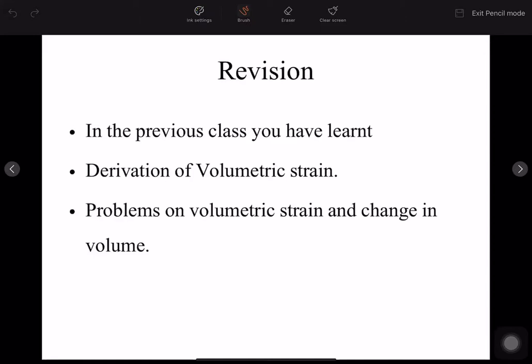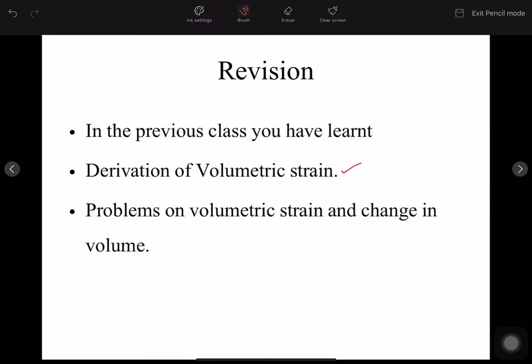Before going into the lecture, let's revise the last class. In the previous class we learnt the derivation of volumetric strain.